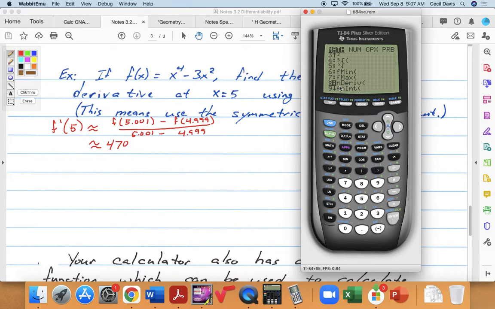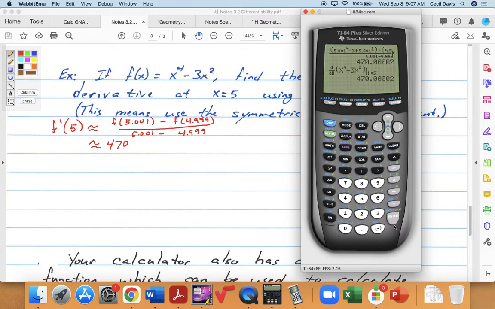So, numeric derivative. It asks you what you want to take the derivative with respect to. Our variable is x. This is x raised to the fourth minus 3x squared and we want the derivative at, that means evaluated at, that's the horizontal piece right here, evaluated at x equals 5. Bada boom, bada bing.